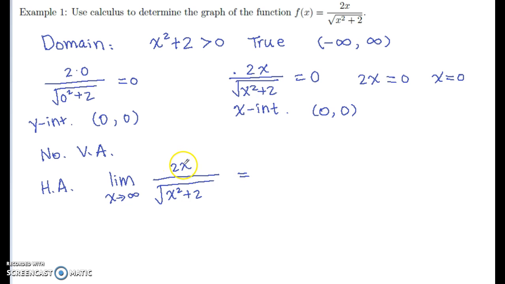You might notice that the highest power on the top, the numerator, is x to the first power. The highest power in the bottom is x squared, but then you take the square root, so it's still x to the first power. So we will divide the top and bottom by x.